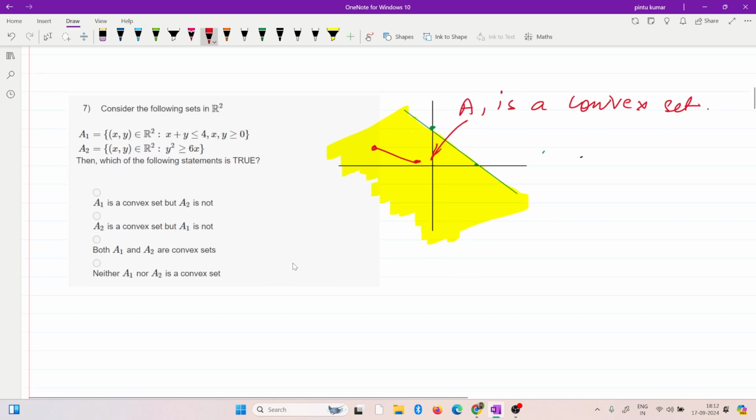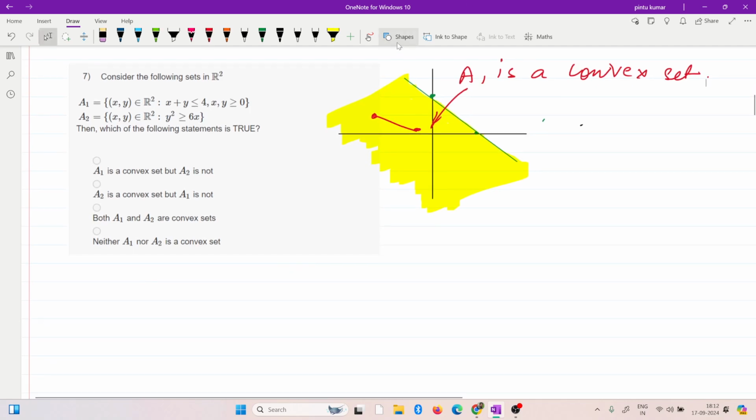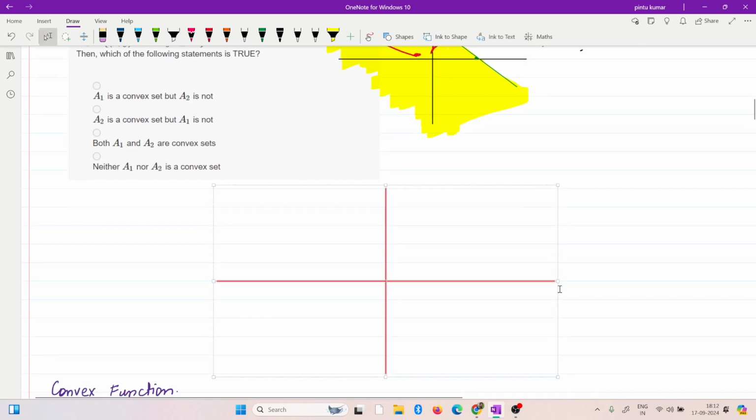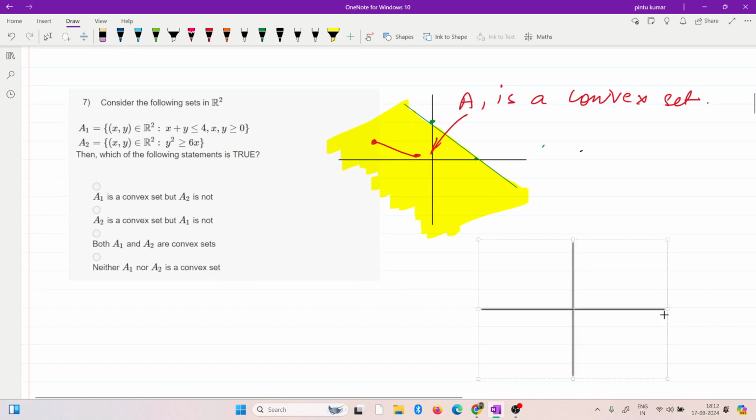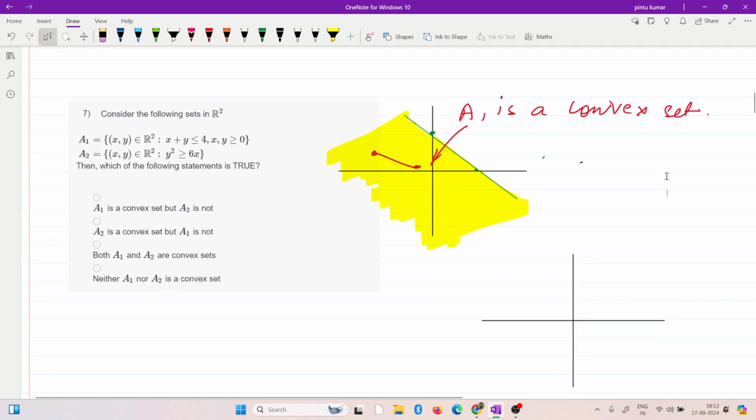Similarly, let's draw my A2 set. The equation says that y squared is greater than or equal to 6x. Let's first try to draw y squared equals 6x, then we can take care of the inequality.